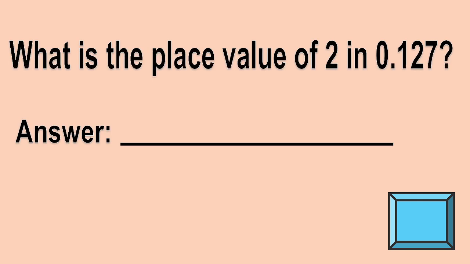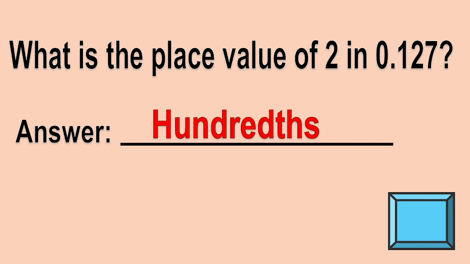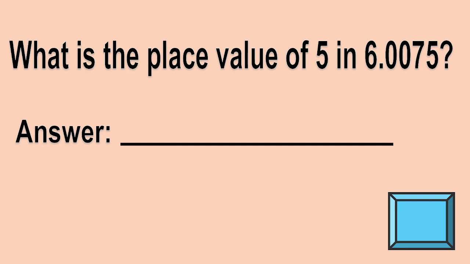Another. What is the place value of 2 in 127 thousandths? Time's up. The answer is hundredths. Another. What is the place value of 5 in 6 and 75 10,000ths?